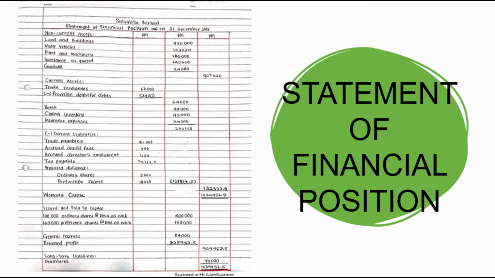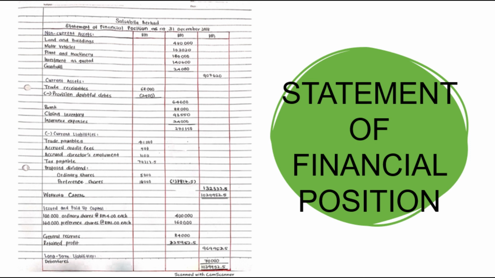For current asset, we have 5 contents. Trade receivable 68,000 take from trial balance and must be minus with provision for doubtful debt. Take from notes to account 3,400. So trade receivable will be 64,000. In current asset also have bank 88,000. Take from trial balance.